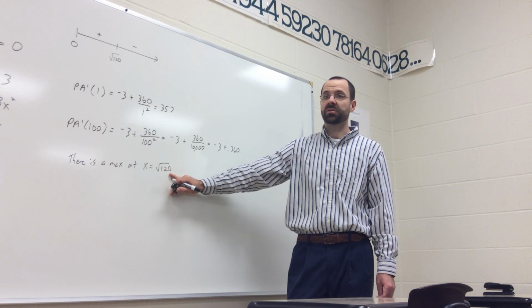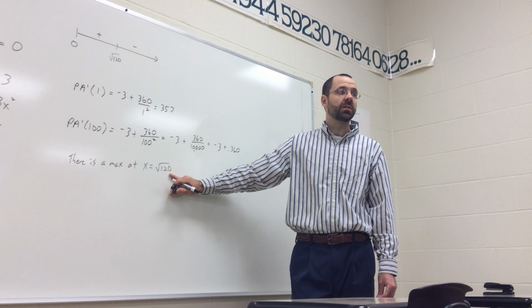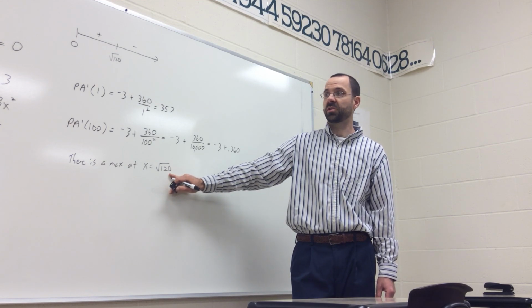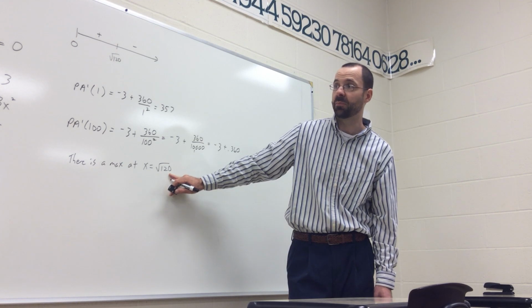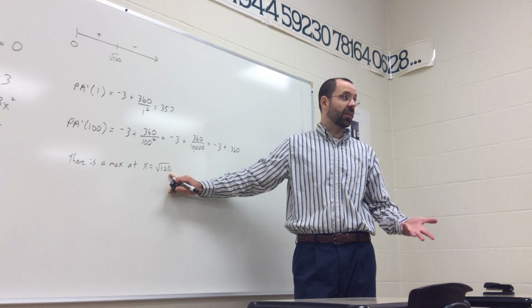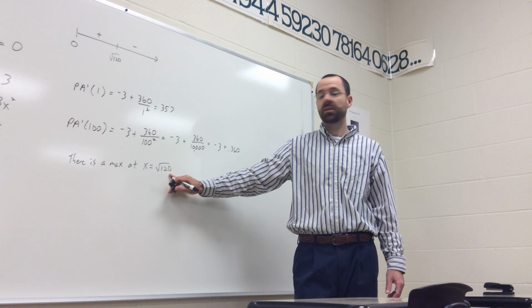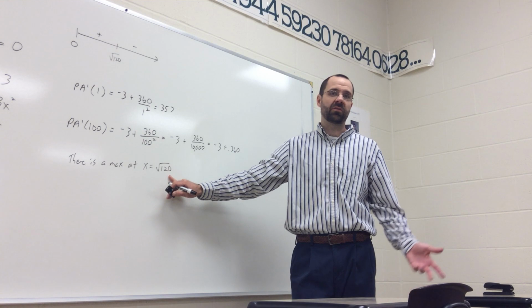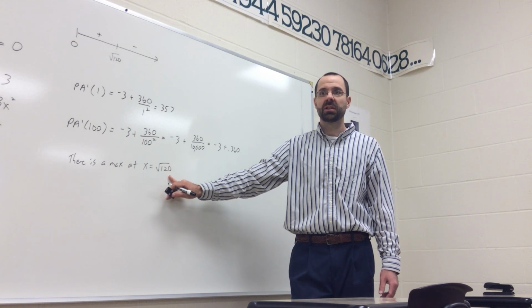So we have x equals the square root of 120. Then the last thing you have to watch out for is make sure you answer the question. So this question says what dimensions give the largest printed area? Dimensions are the length and the width. So we've got the length so far, or the width, whichever you want to call it.